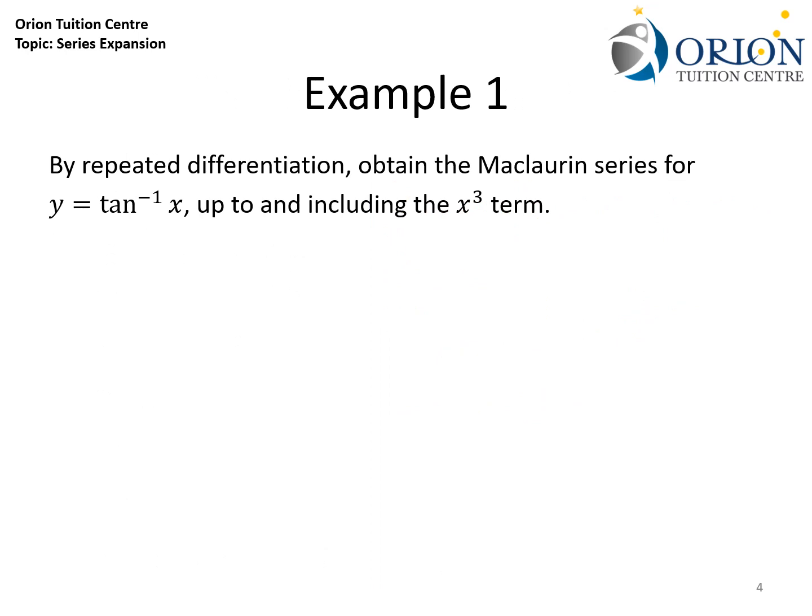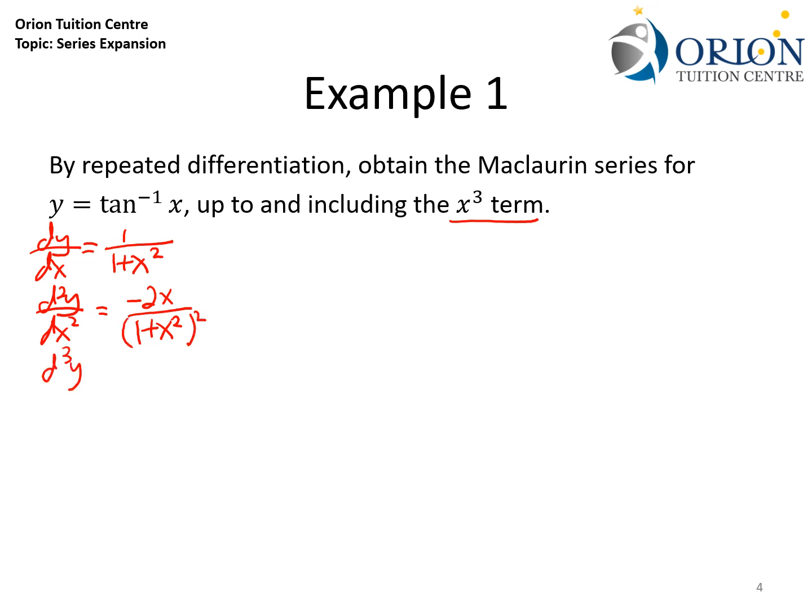In example 1, we are going to do repeated differentiation to find the Maclaurin expansion for tangent inverse x. Let's differentiate until we get a third derivative, since we need to expand until the x cubed term. So dy/dx will be equal to 1 over 1 plus x squared. d2y/dx squared will be equal to negative 2x divided by (1 plus x squared) squared.